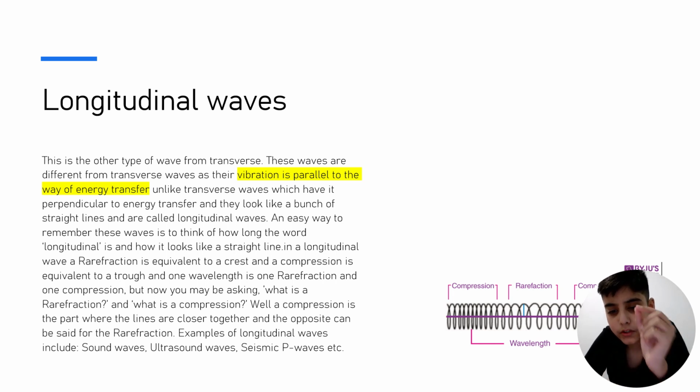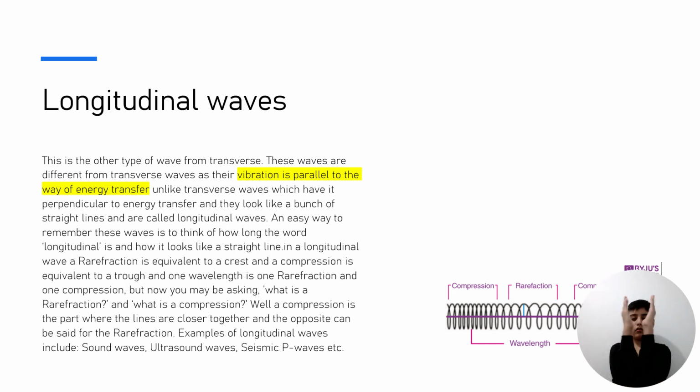The closer the straight lines get, that part is called the compression. The further they get, when they are far away, that part is called the rarefaction. One compression and one rarefaction create one wavelength. So compression and rarefaction are basically the longitudinal versions of trough and crest.